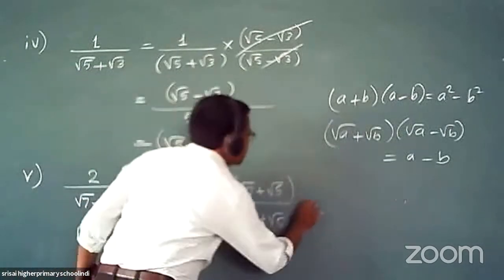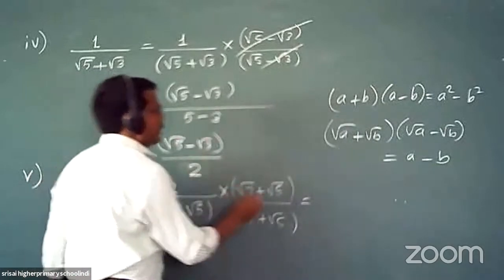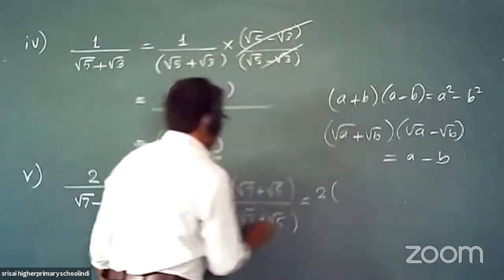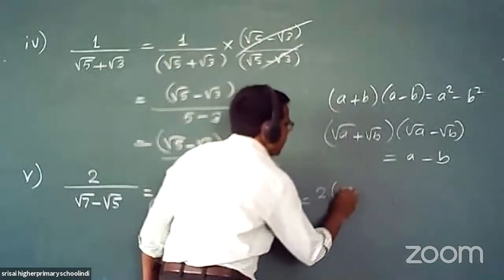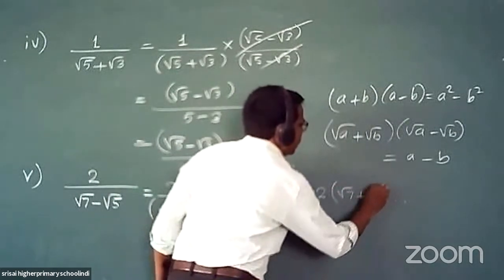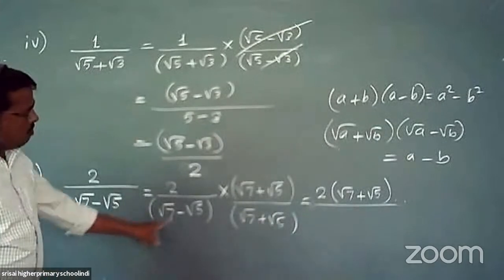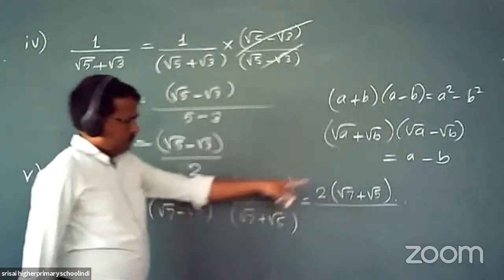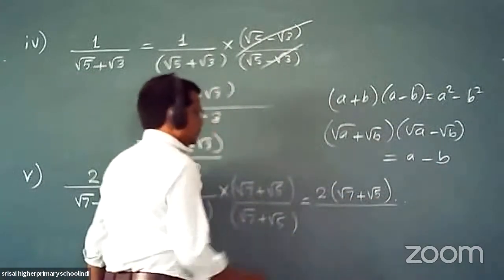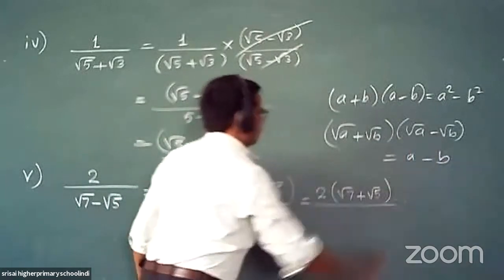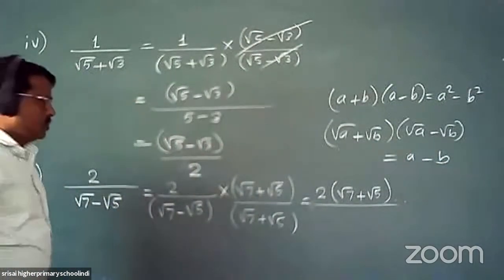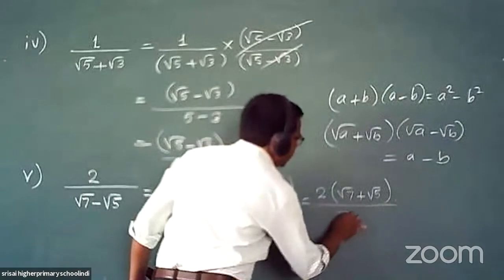Now, what is its answer? 2 into bracket square root of 7 plus square root of 5 divided by, what should I write now? 7 minus 5.